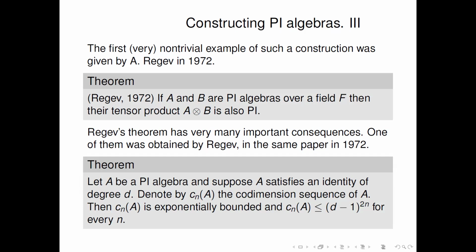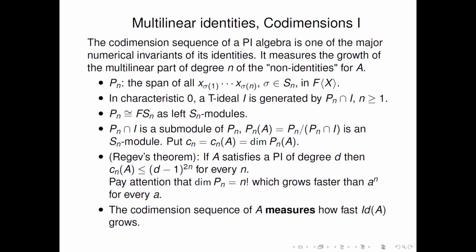You have a PI algebra, and suppose it satisfies some identity of degree d. Then, if you denote by c_n(A) the codimension sequence of A, I will recall the definitions in a moment, these codimensions are bounded by (d-1)^(2n) for every n. And the codimensions are defined in this way.